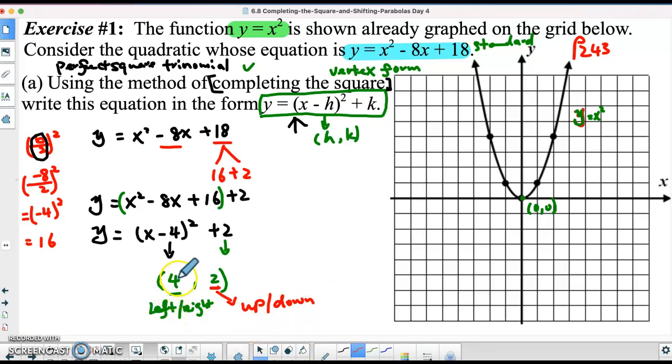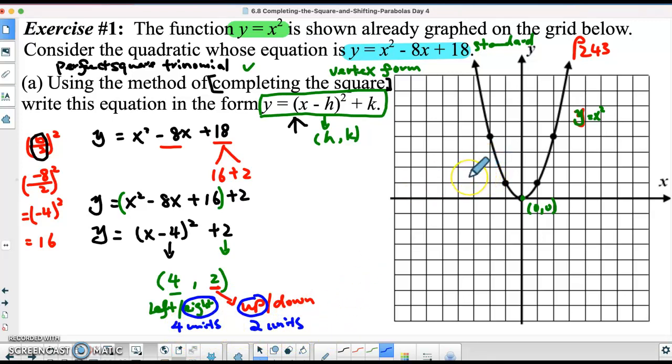Okay, so since 4 is positive, you're going to be what? Going to be right. How many units? Right, 4 units. 2 is positive, so you're going to be up 2 units. Okay, that's it. We actually just answered question B. 4 units right, and 2 units up.